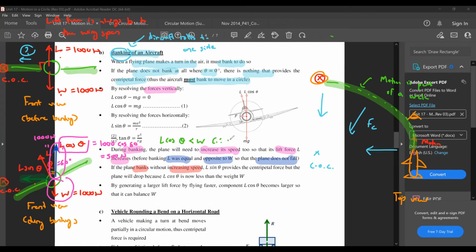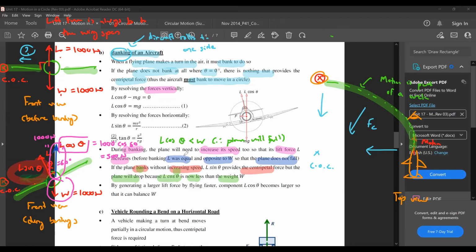So therefore, the plane will fall. If the plane banks without increasing its speed, L cos theta is less than weight W, so the plane will drop. But it's still able to move in a circle because you still have the L sine theta acting as your centripetal force. It's moving in a circle, but it's dropping from the sky, which is not something you want. You want to maintain your position in the sky while moving in the circle, right?